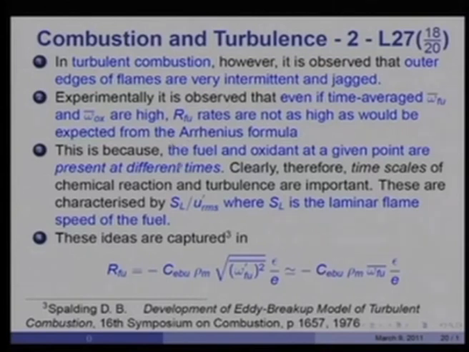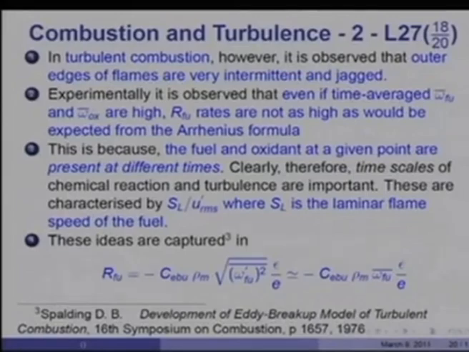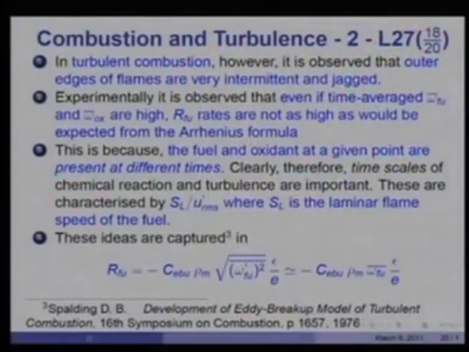This happens because the fuel and the oxidant at a given point are actually present at different times because of the turbulence velocity fluctuations, which actually transport the fuel, and although the time average values may be high, the actual reacting fractions tend to be smaller. Clearly, therefore, the time scales of chemical reaction and turbulence must be considered simultaneously.